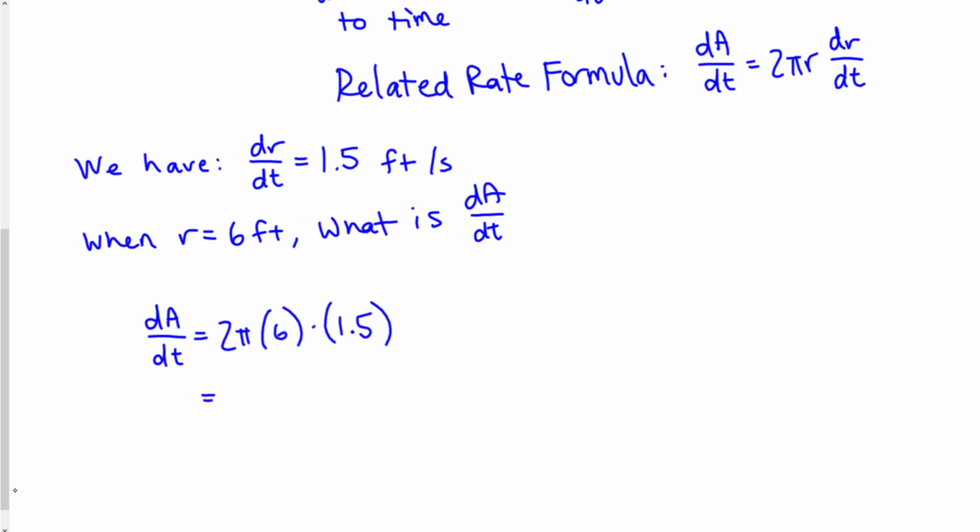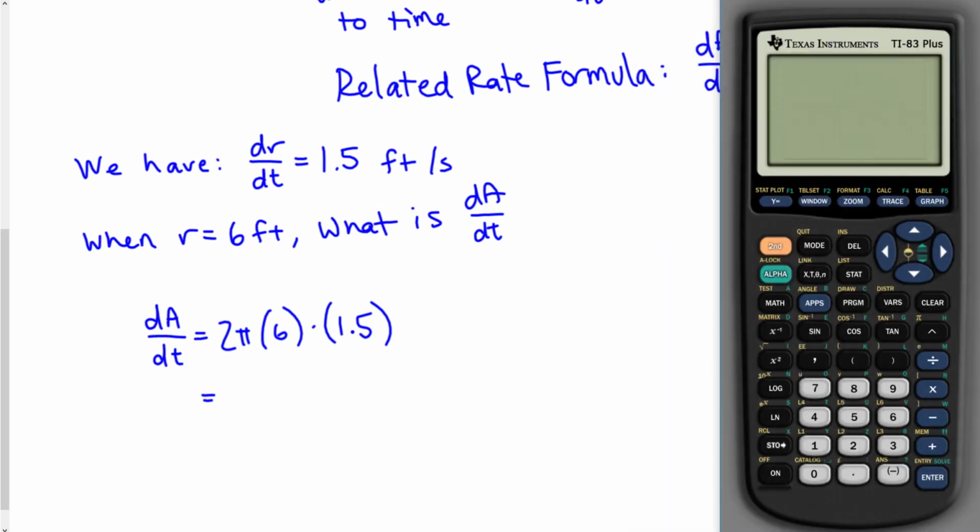And a lot of times, if you have a decimal already in the problem, your final answer is fine to approximate with a decimal. I'll go ahead and do that here. So getting out the calculator, 2 times 6 times 1.5, that's 18. So we can say that it's actually 18 pi.